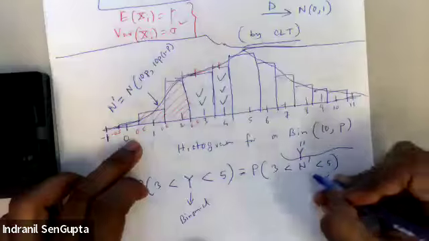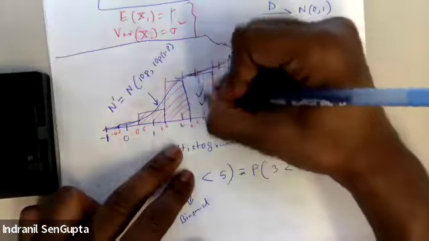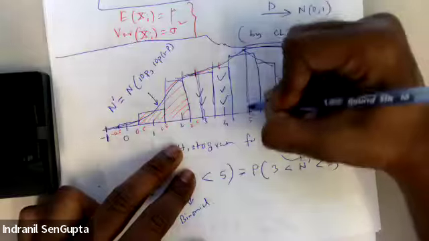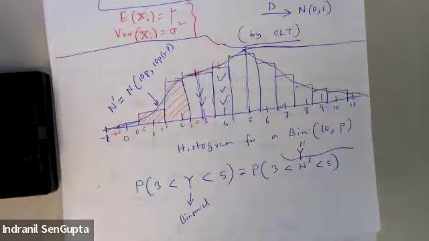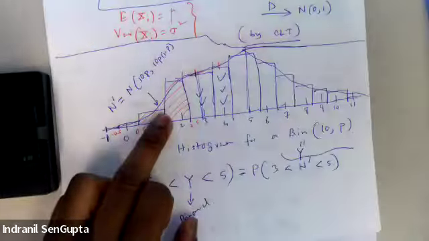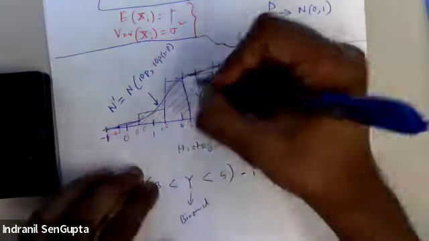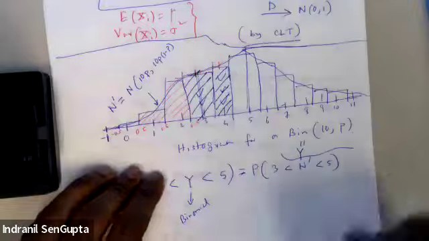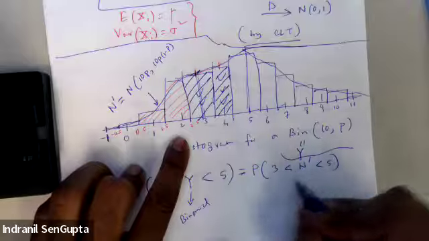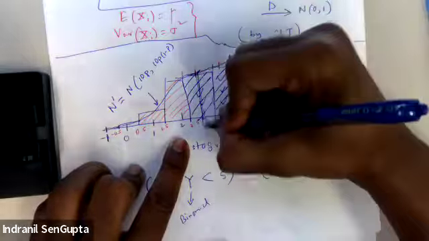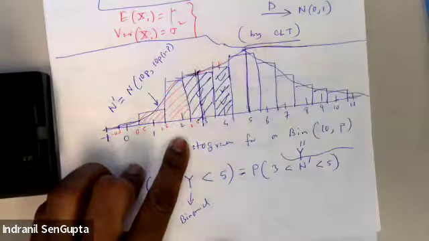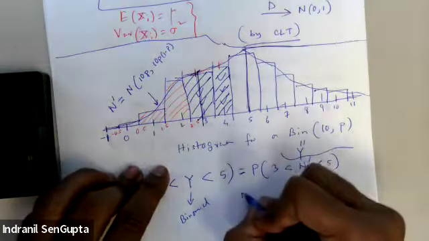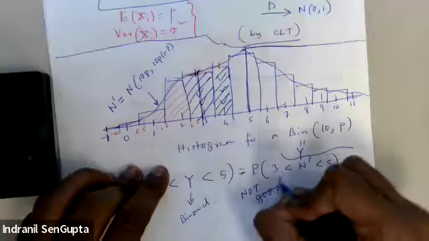The n prime for 3 is here, and n prime for 5 is here. So it's not really computing the area that it's supposed to compute. I'm asking it to compute this area, but if I compute n prime between 3 and 5, it's really computing the area from here to here. So this is not a good approximation.